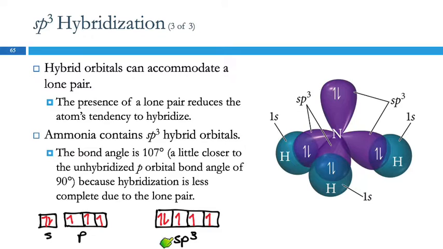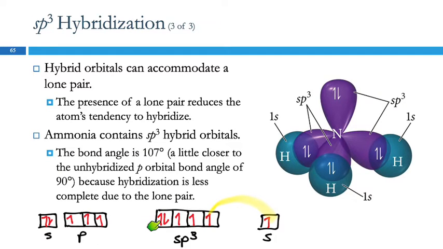So if we look at this, we see there are 3 half-filled orbitals. And so those can pair up with a half-filled s orbital from hydrogen. So this can bond with one hydrogen, this one can bond with another hydrogen, that one can bond with another hydrogen.